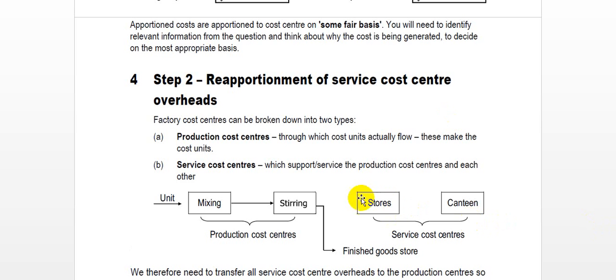The service centers are the stores and the canteen. So we've got 2 service centers and we've got 2 production cost centers. The production cost centers are the mixing and the stirring. The service cost centers are the stores and the canteen. So we need to transfer all the costs in the service centers to the production centers.